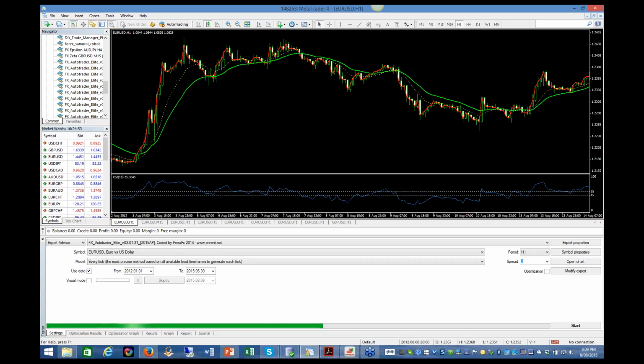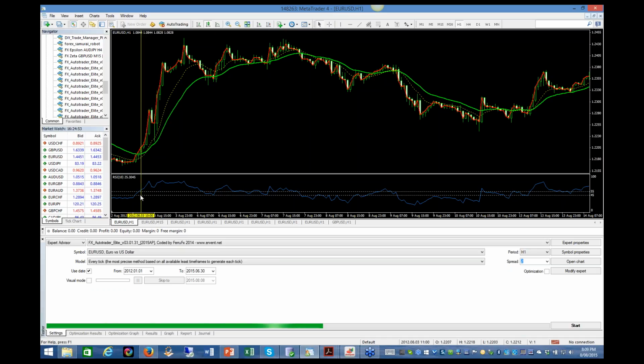So we've set all that up, and we also have RSI, and RSI must be above 55 in order for it to be a buy, and below 45 for it to be a sell. So we've got the moving average crossover, so the entry condition would be here, where price has broken at least 10 pips above the green line.